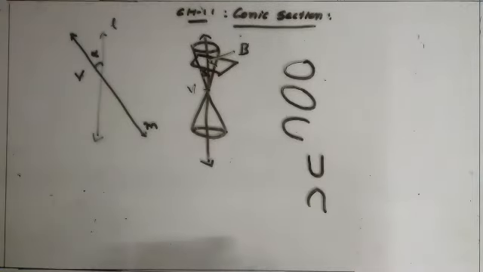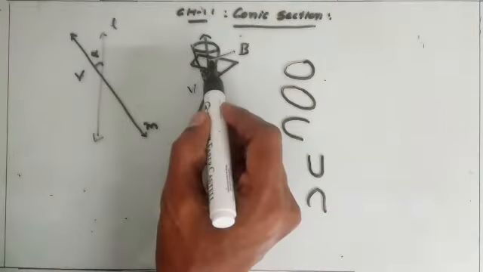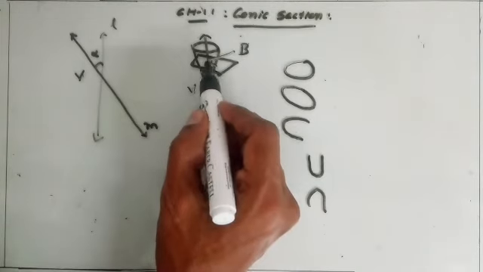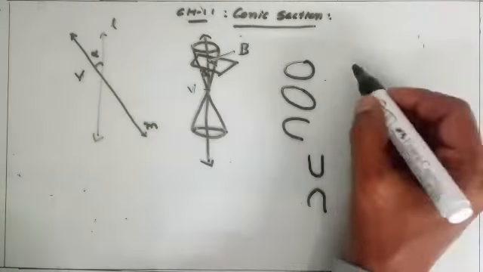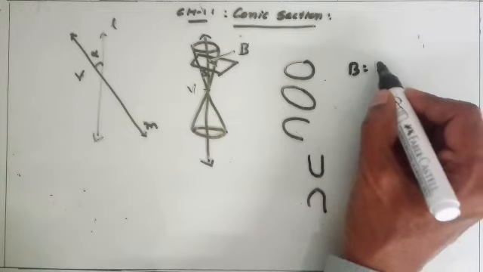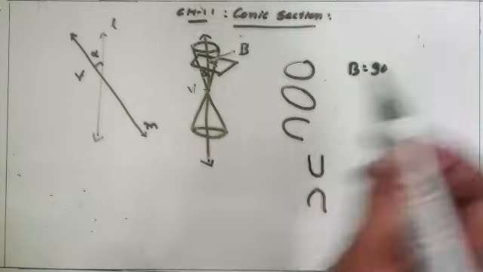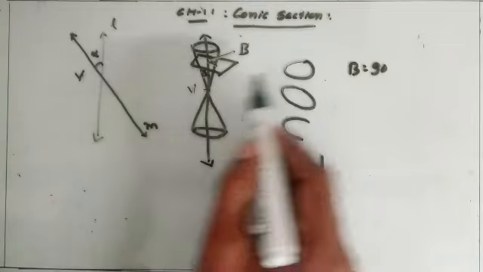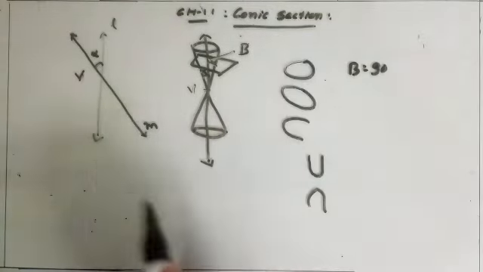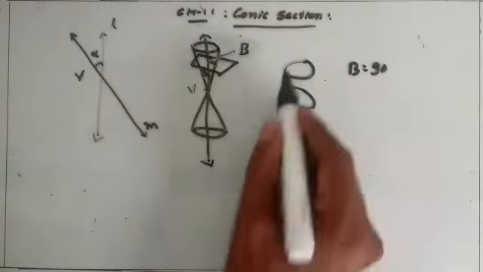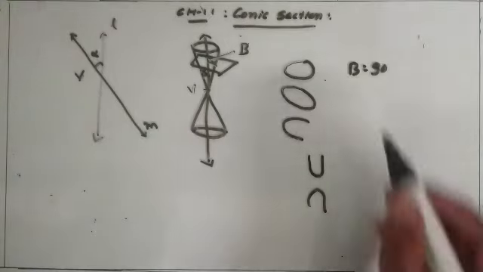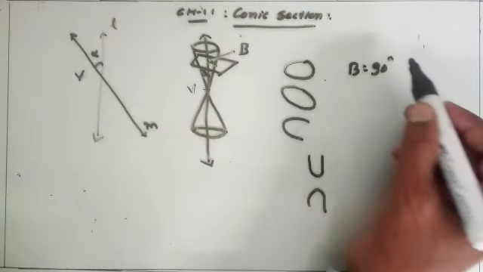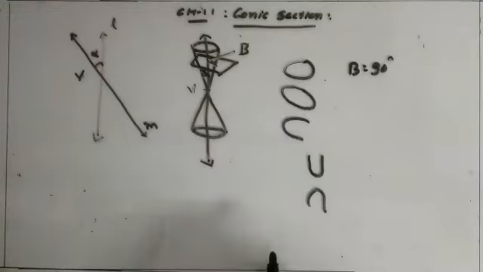So remember this, if beta is equal to 90, that is this plane is perpendicular to the axis, then we get this type of curve, and this is a circle. So beta is equal to 90 degrees, then we get a circle.